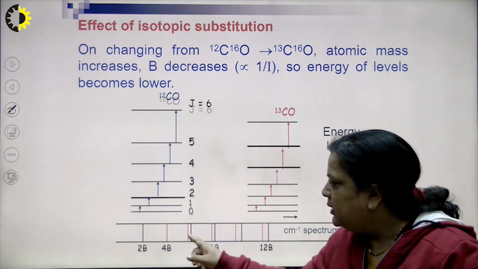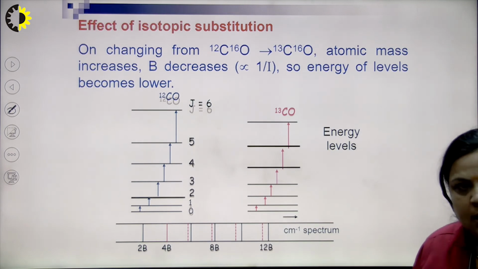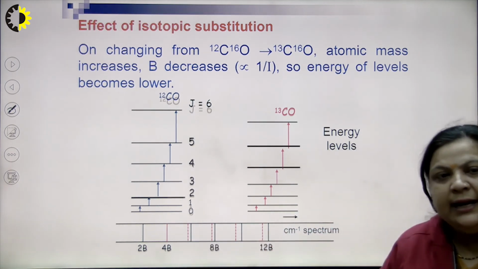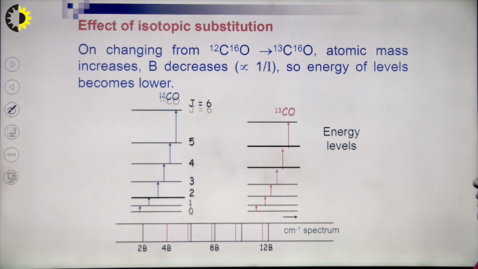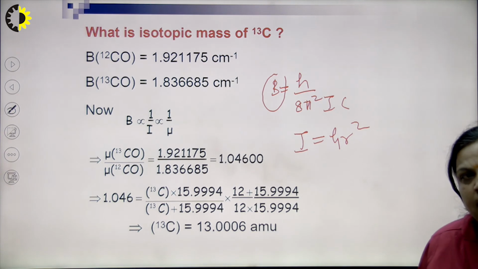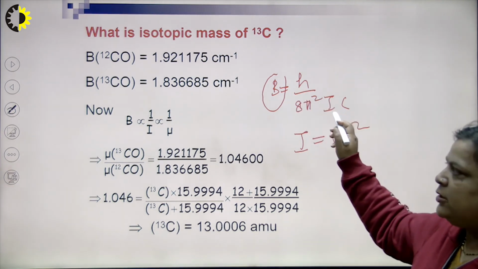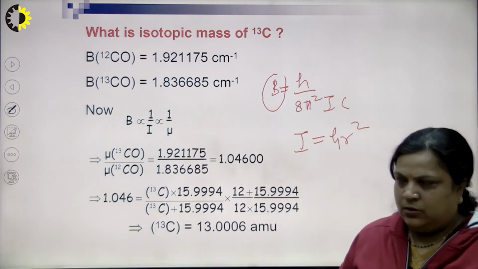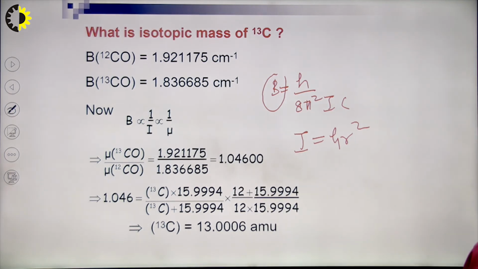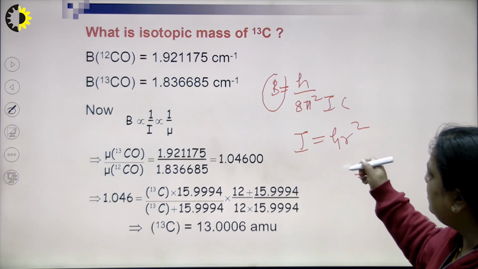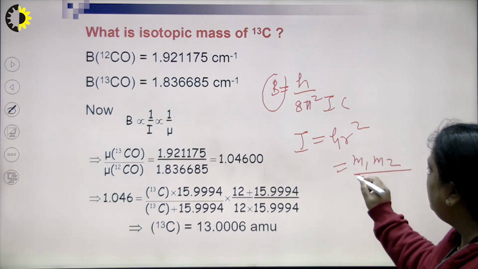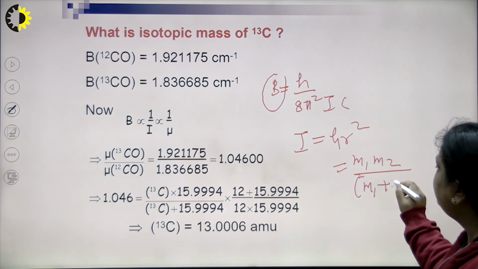Blue line is for C12 and red line is for C13. So, the gap between lines has decreased. We can easily predict this from the formula: B is inversely proportional to I, or we can say B is inversely proportional to mu, and mu is the reduced mass, which is equal to m1 m2 upon m1 plus m2.